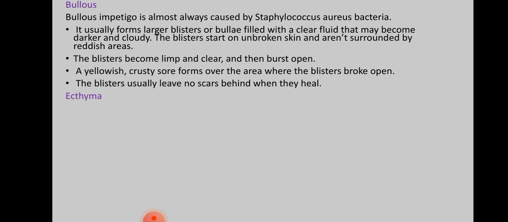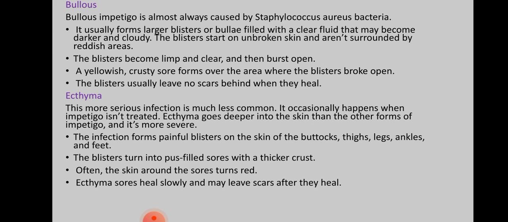And lastly, the ecthyma. This more serious infection is much less common. It occasionally happens when impetigo isn't treated. Ecthyma goes deeper into the skin than the other forms of impetigo and is more severe.